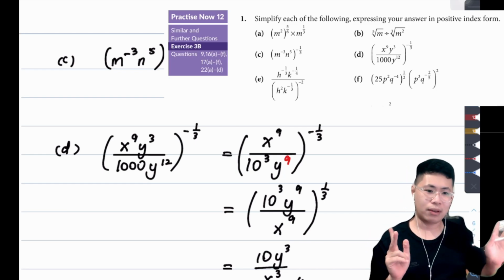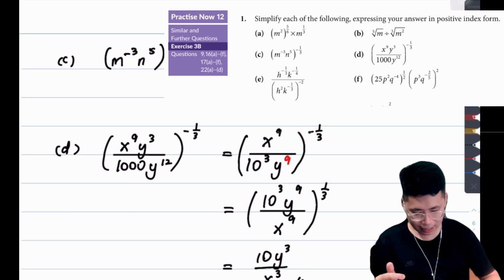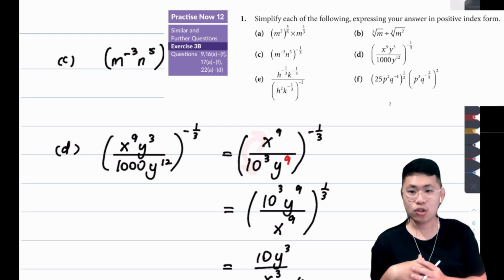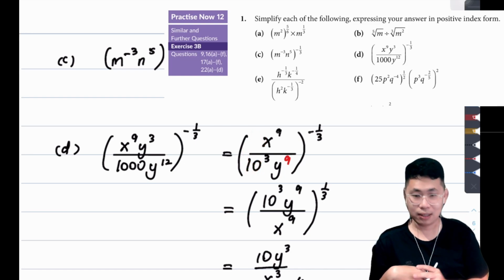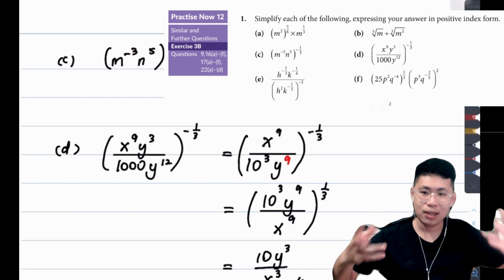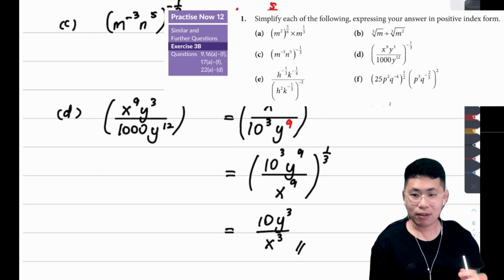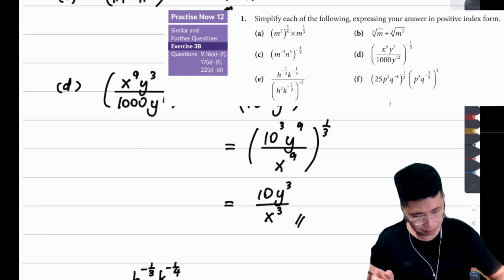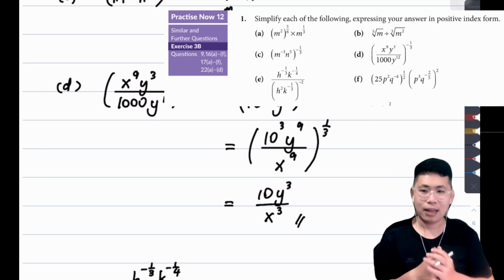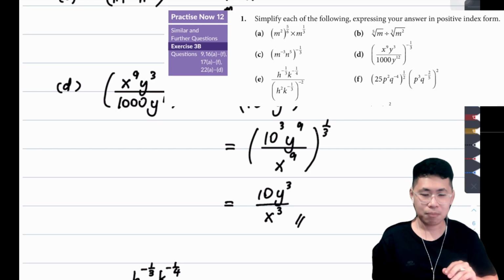Remember back then when we had a special result, when we use a negative index, we just swap the numerator and denominator. So now, negative in place, we have 10 power 3, y power 9, x power 9. It is now time to distribute my powers into the bracket. So I have 10 power 1, y to the power of 3, x to the power of 3. And we don't need to put 10 power 1. Every power is a positive power.